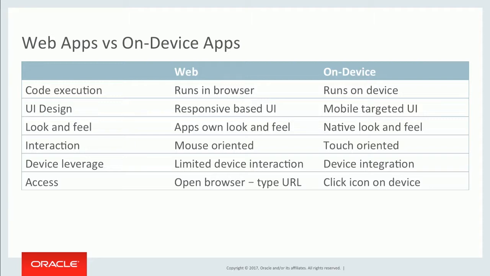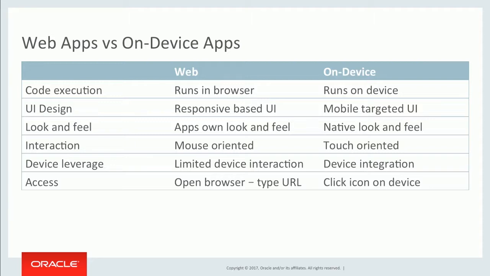One aspect is where is code executed. Okay? In the web scenario, you run inside the browser. The logic is usually executed on the server that serves you the code, the UI. In on-device applications, you're running on the device itself, and the logic is also executed on the device itself.